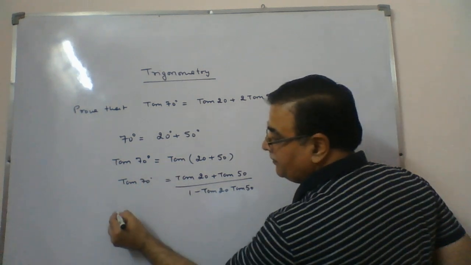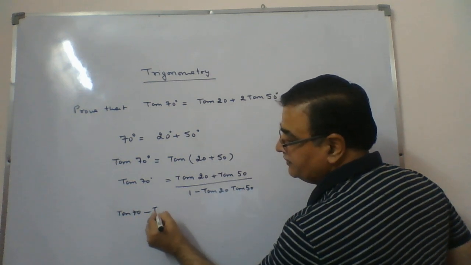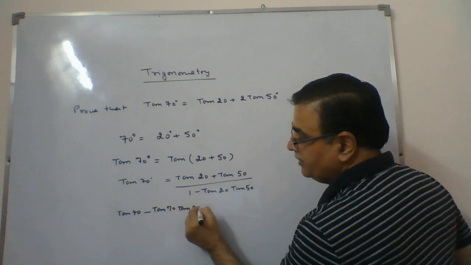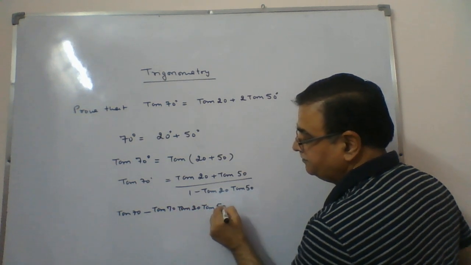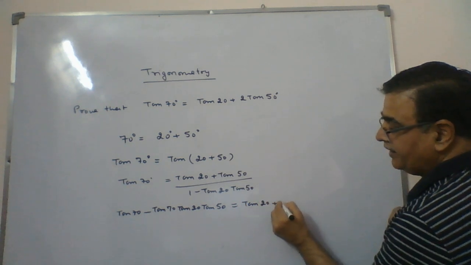Now when you cross multiply it, it comes out to be tan 70 minus tan 70 tan 20 tan 50 should be equal to tan 20 plus tan 50.